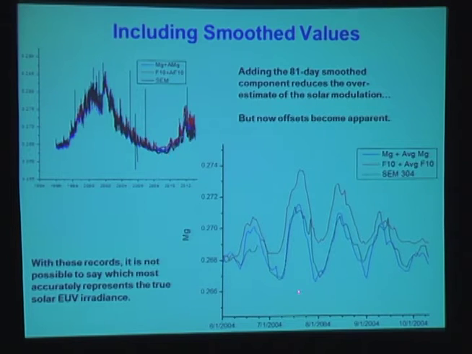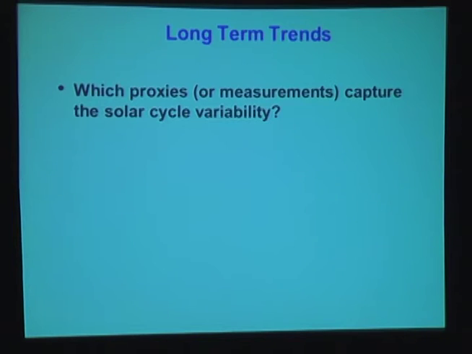I can find other examples where magnesium is different. At this point, I can't tell you which is the most accurate because the data itself also has some probable issues, because I know for a fact that they have a strong degradation over this 14-year data set, and they've had to remove it. So I can't tell you which of these is the most accurate representation of the solar EUV flux.